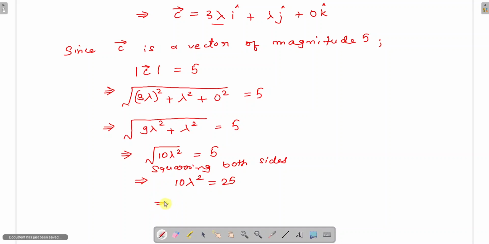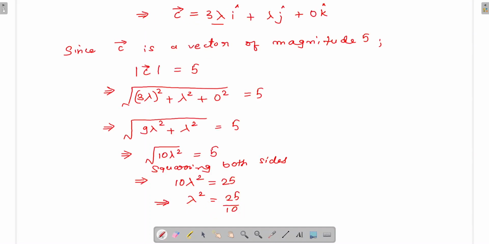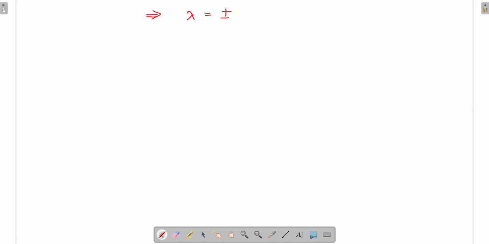So that means lambda square is equal to 25 by 10. So by taking square root on both sides, lambda is equal to plus or minus root of 25 by 10. So this implies lambda is equal to plus or minus 5 by root 10, because root of 25 is 5, root of 10 is root 10 only.